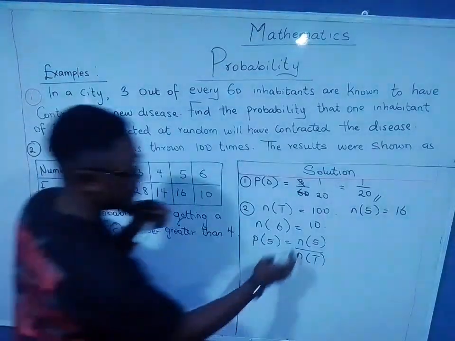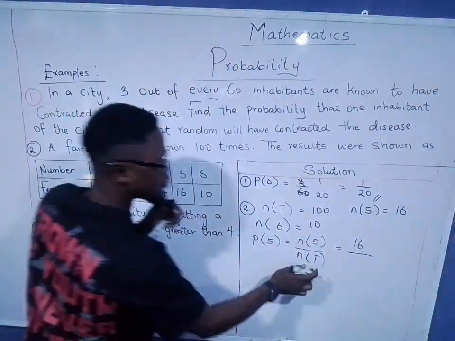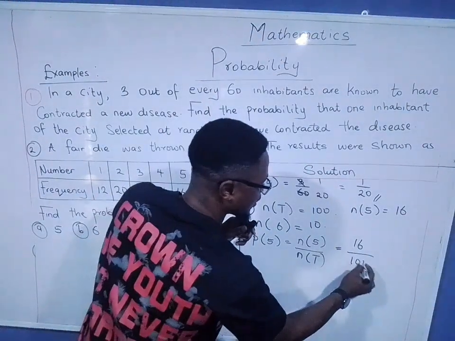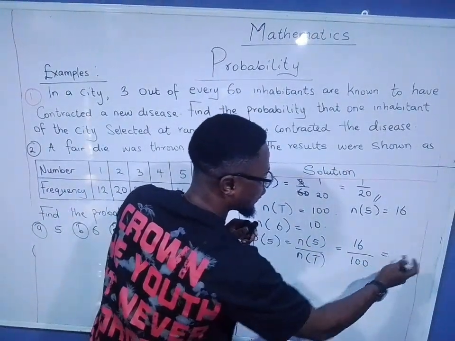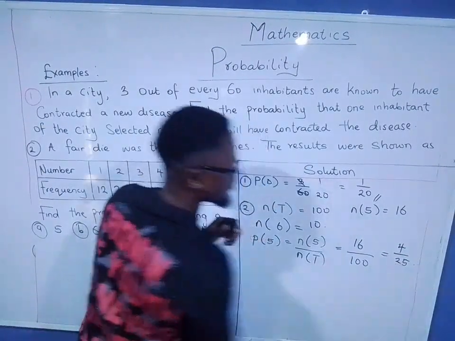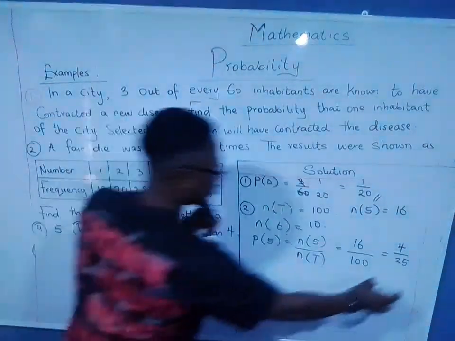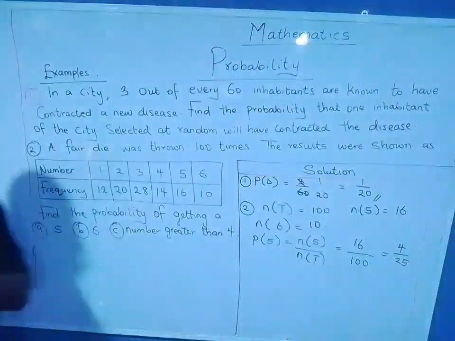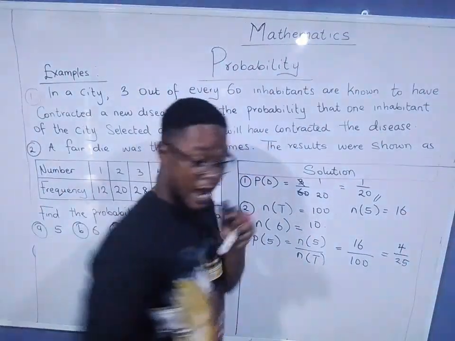So the number of times that 5 came out is 16, divided by the total number, which is 100. Take it to the lowest term. This is 8 over 50, 4 over 25, right? To the lowest term. Is that not so? Good. So that's the answer. The probability of getting 5 from this table is 4 over 25.